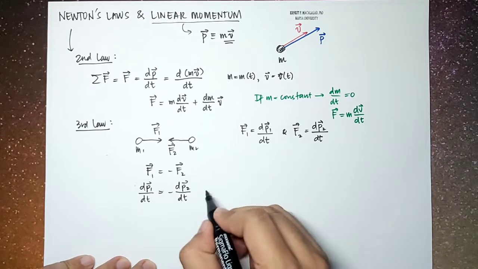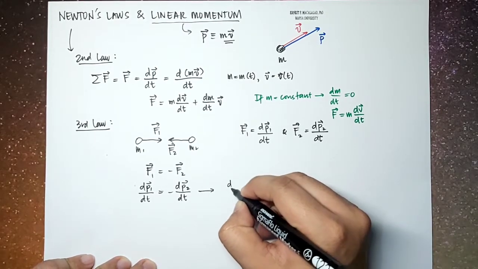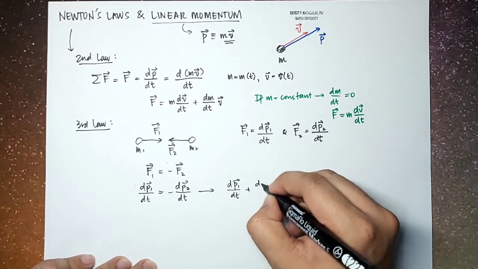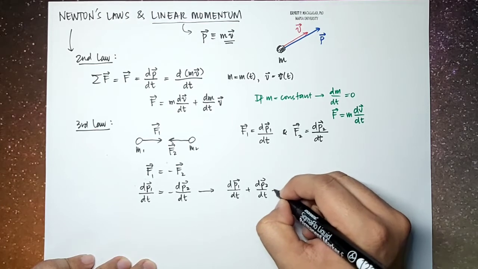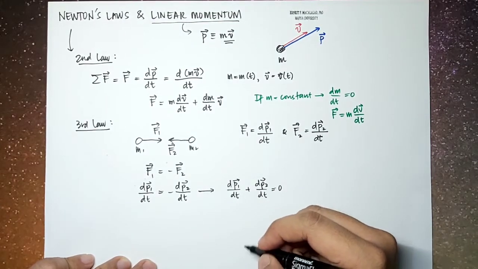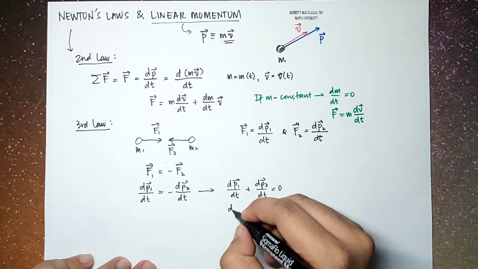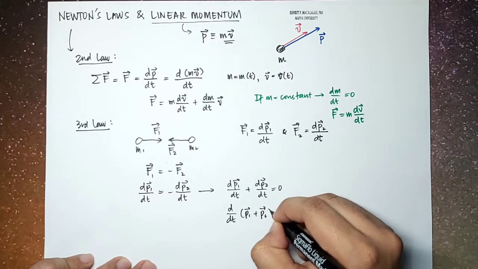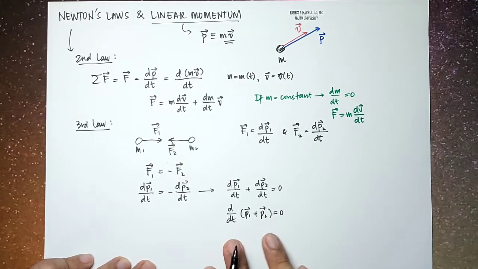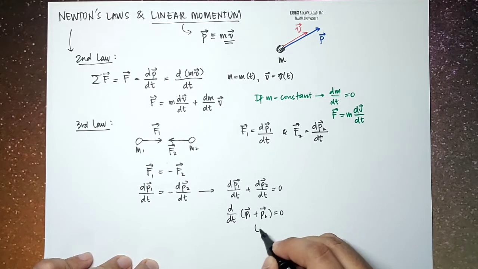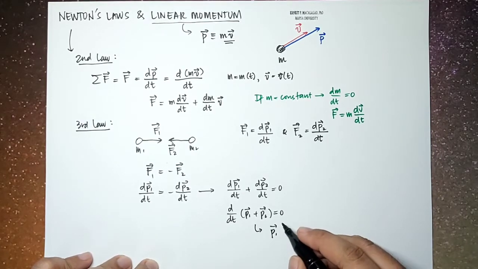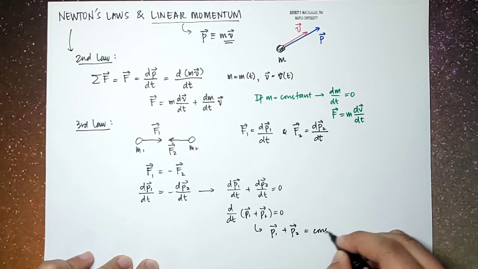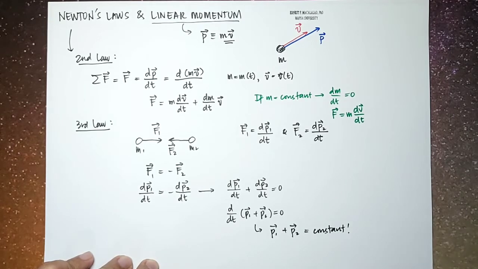Now rearranging this, we have the derivative of momentum 1 with respect to time plus the derivative of momentum 2 with respect to time equal to 0, or the total derivative with respect to time of P1 plus P2 is equal to 0. So what does it mean? It means that the sum of the momentum of particle 1 and particle 2 is a constant.